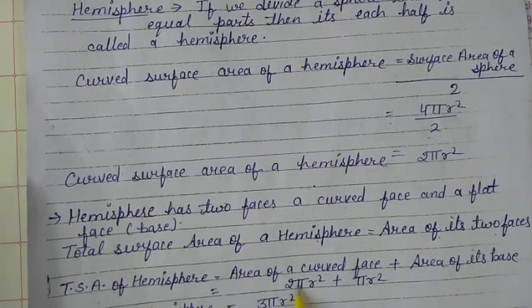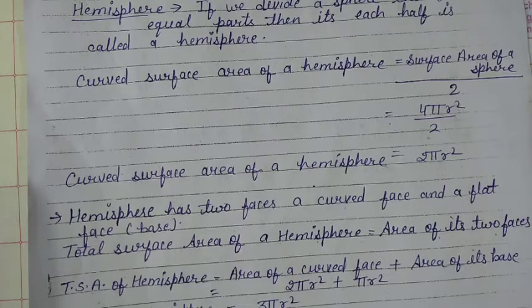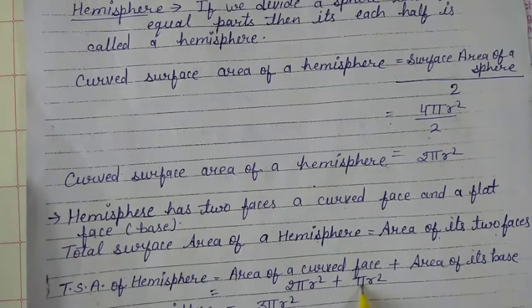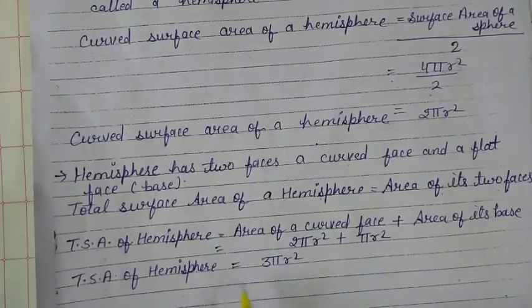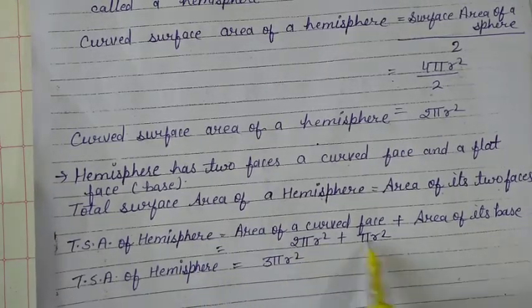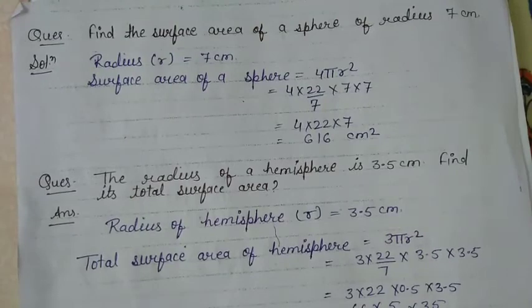The area of the curved face is 2 pi r square and its base is just a circle, so that is pi r square. So total surface area of a hemisphere equals 2 pi r square plus pi r square, that is 3 pi r square. Now we will discuss some problems based on sphere and hemisphere.